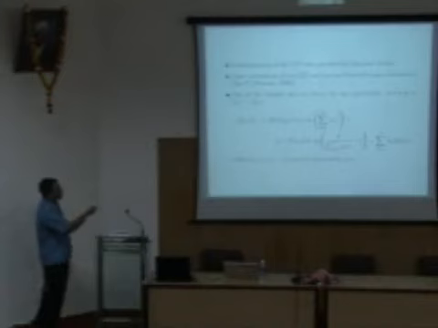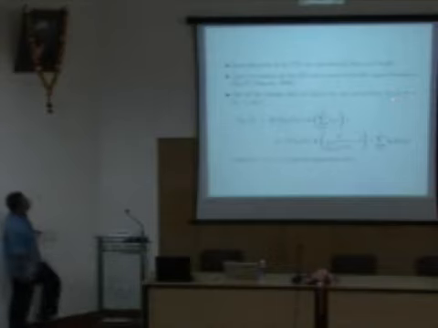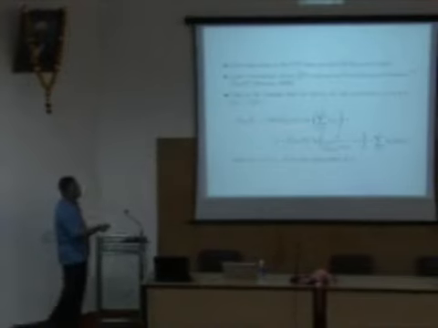So, one of the bounds that I gave was that you have this free parameter, which is any probability vector gamma, and you get an upper bound like this.